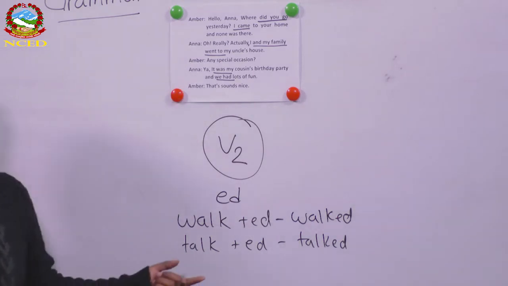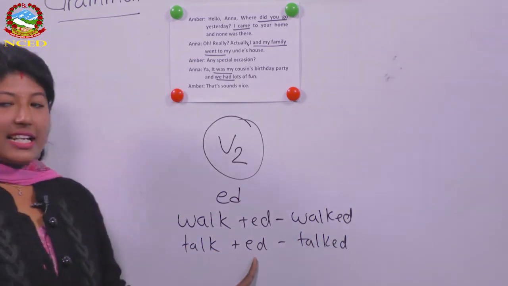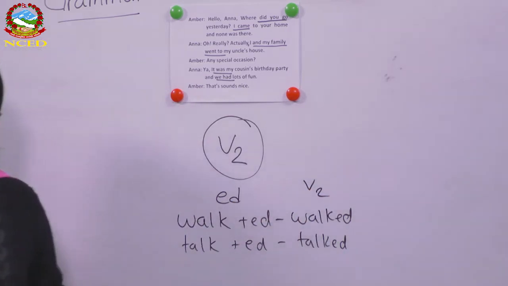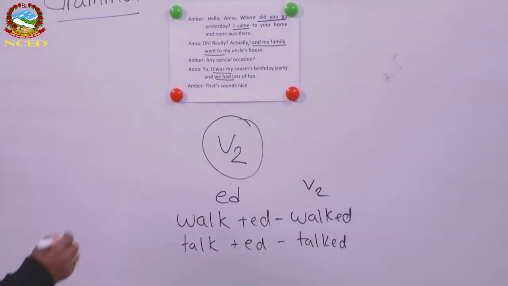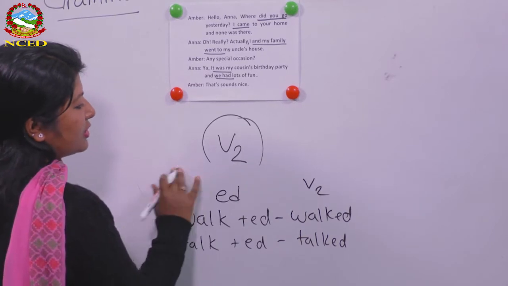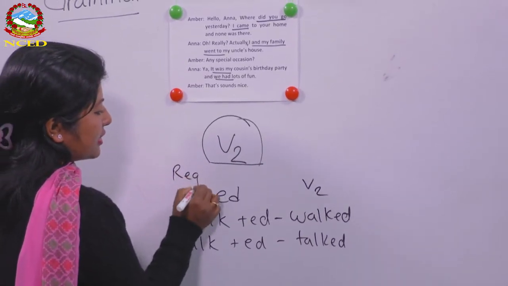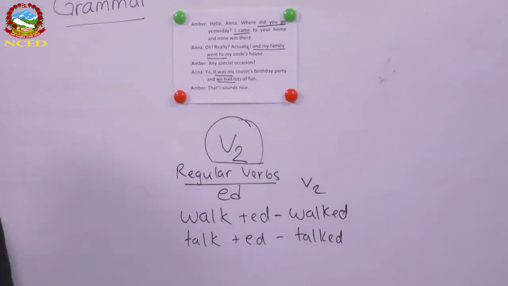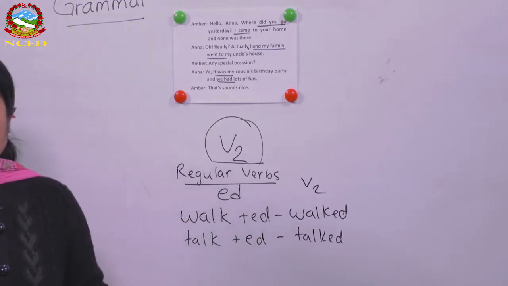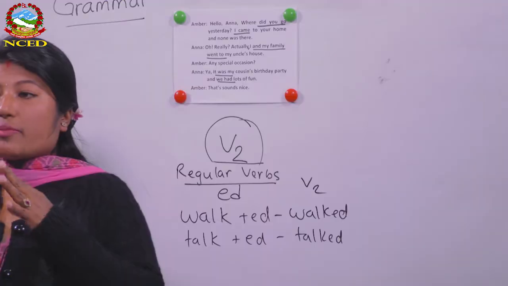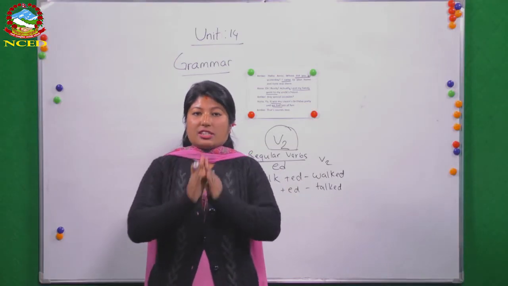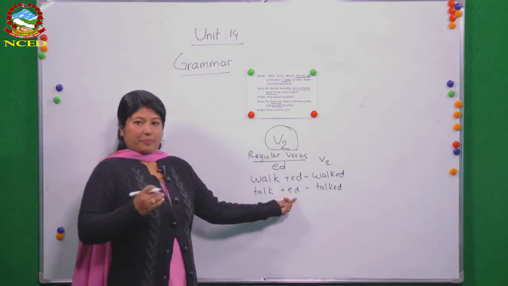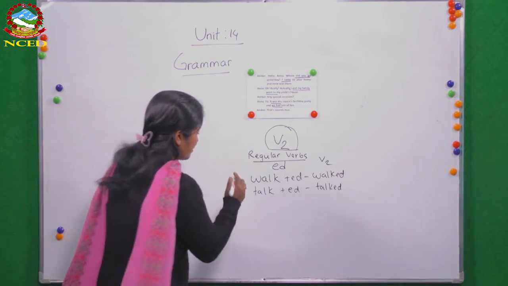So those verbs which can be changed into verb two by just adding ed are called regular verbs. And there are some other verbs in English which we cannot change by adding ed, and those are called irregular verbs.